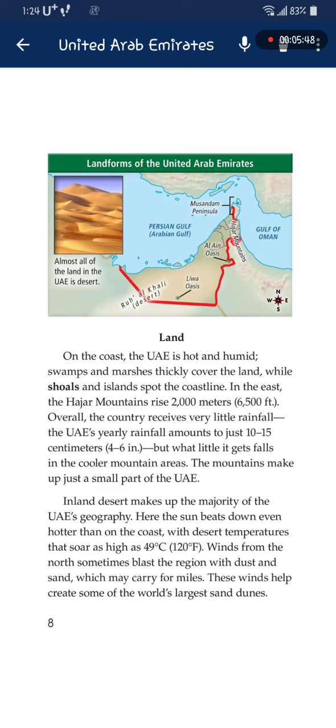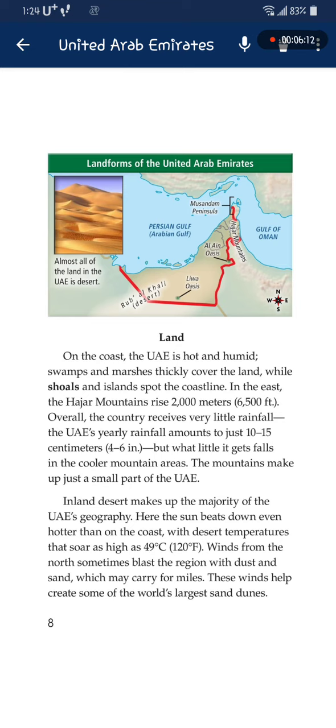The UAE's yearly rainfall amounts to just 10 to 15 centimeters, but what little it gets falls in the cooler mountain areas. The mountains make up just a small part of the UAE. Inland desert makes up the majority of the UAE's geography.